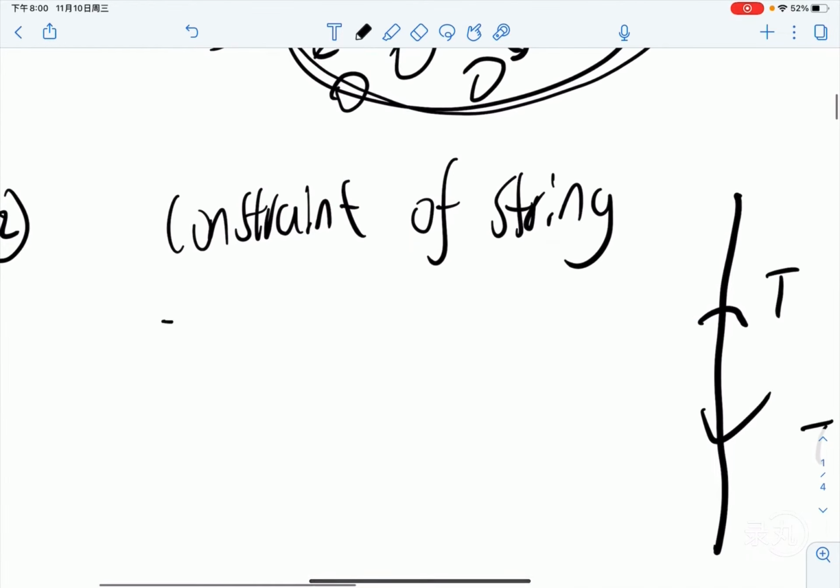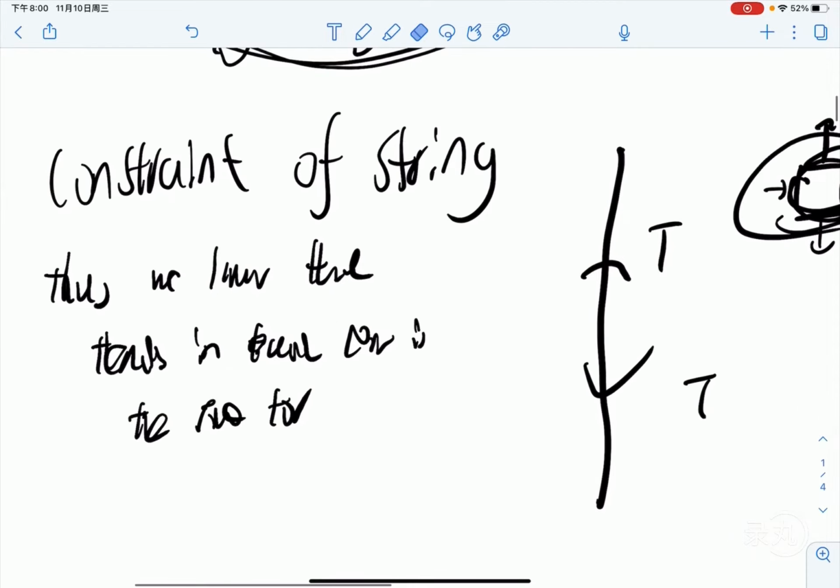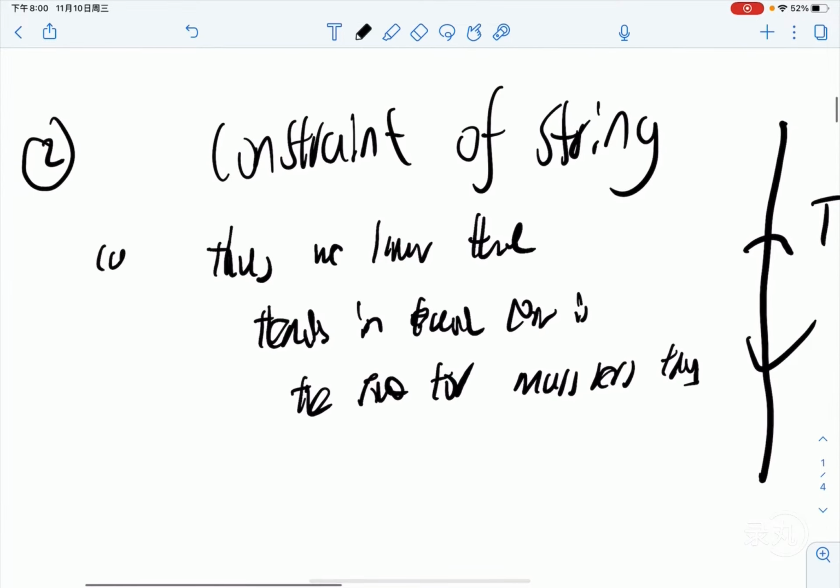Thus, we know that the tension in each part is the same for a massless string. This one is case 1.